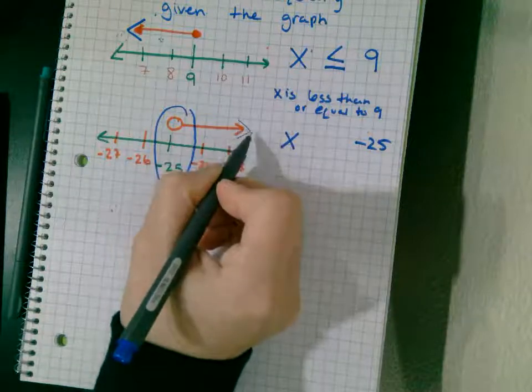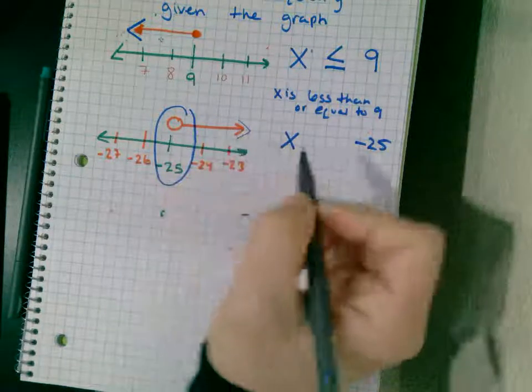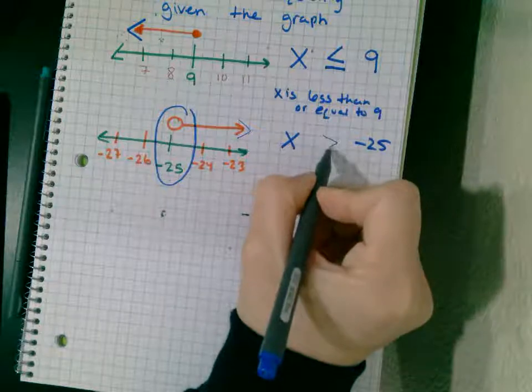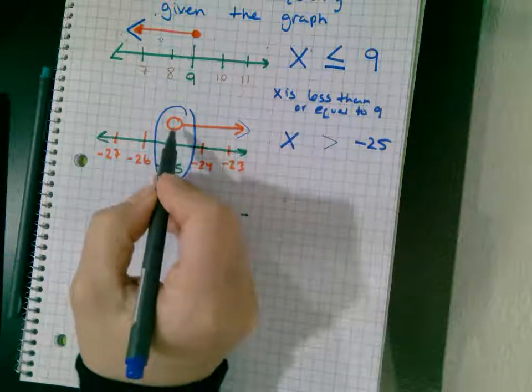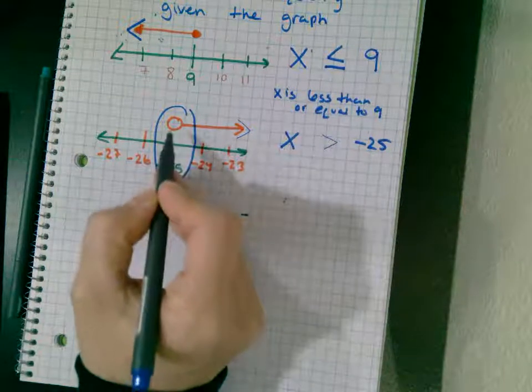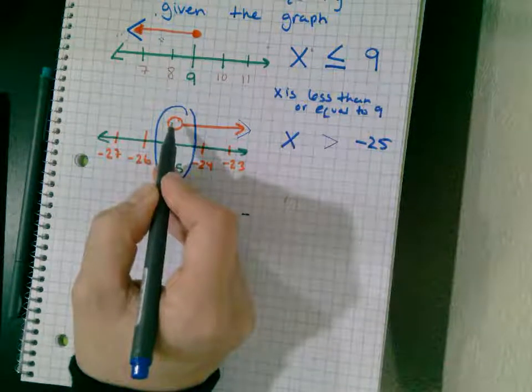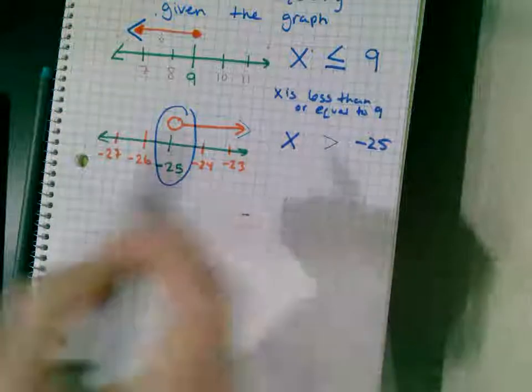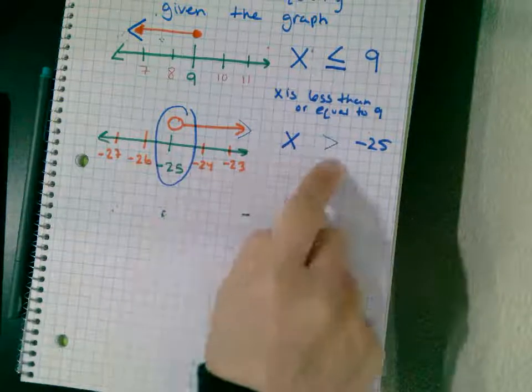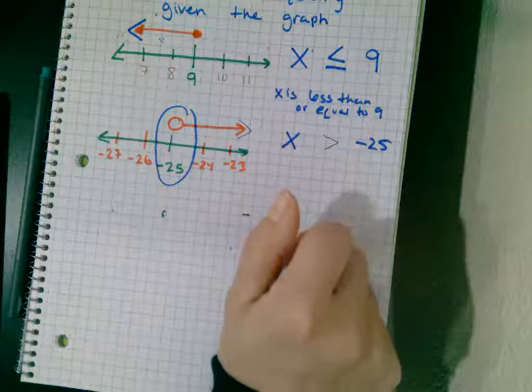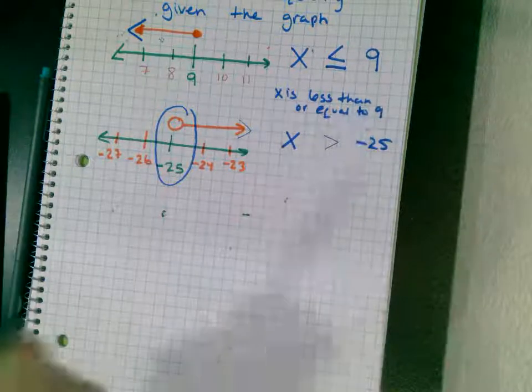Oh, look, it's pointing that way. Literally, I just drew my inequality. I'm just going to transfer it over, and then I check the circle. If it's open, I leave it alone. If it's shaded in, closed, then I put the extra little line. But since it's open, leave it alone. This is my answer: X is greater than negative 25.